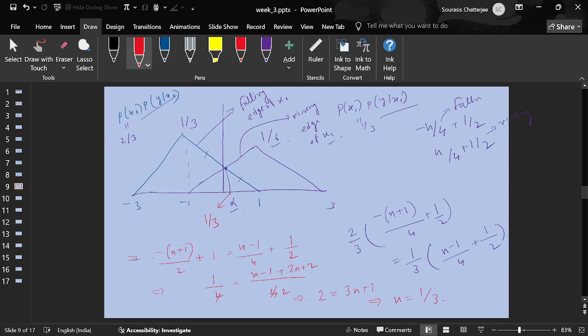For example, if I set this prior probability here as 1 by 3 and this one here as 2 over 3, then this calculation will change. The rising edge and falling edge equations will remain the same, but the multiplicative factors are going to change, and based on that, there is a good chance that your threshold is also going to change. So you have to be careful about that. You can't just blindly put this value in the answer.